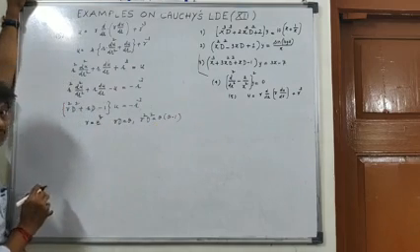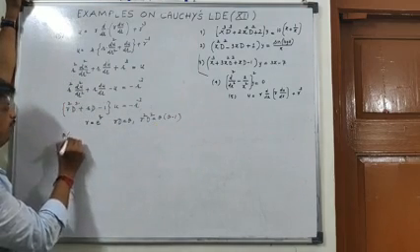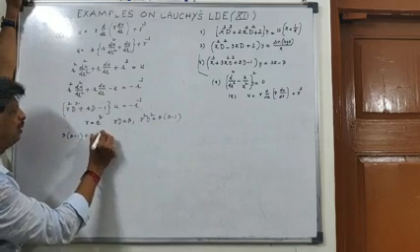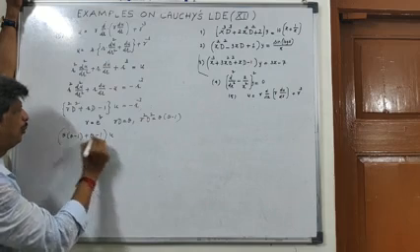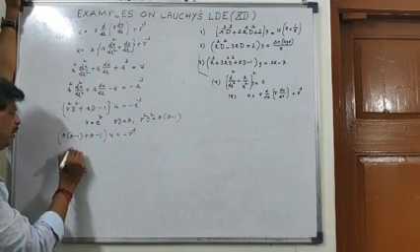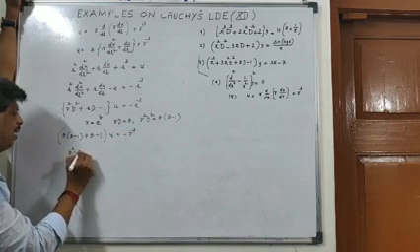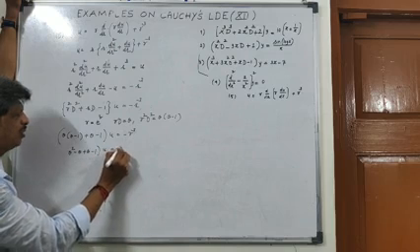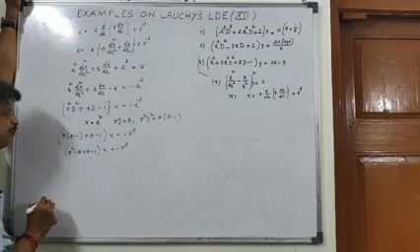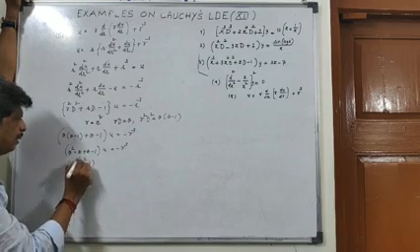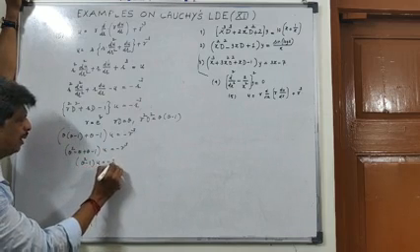Theta into theta minus 1 plus theta minus 1 operating on u is equal to minus r cube. So it is theta square minus theta plus theta minus 1, that is theta square minus 1, operating on u is equal to minus r cube.